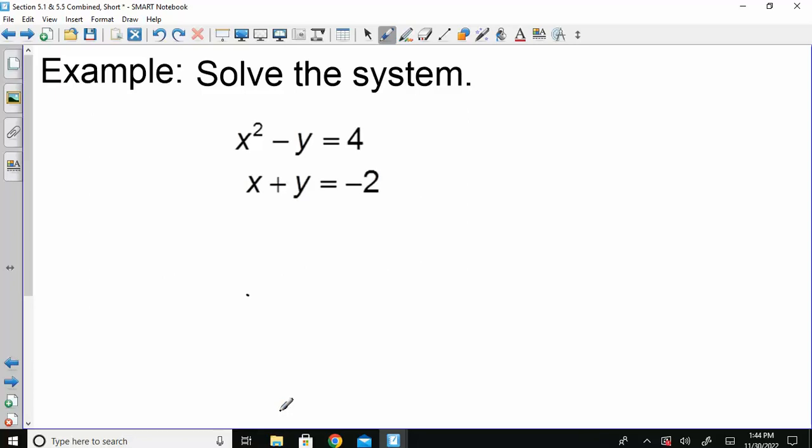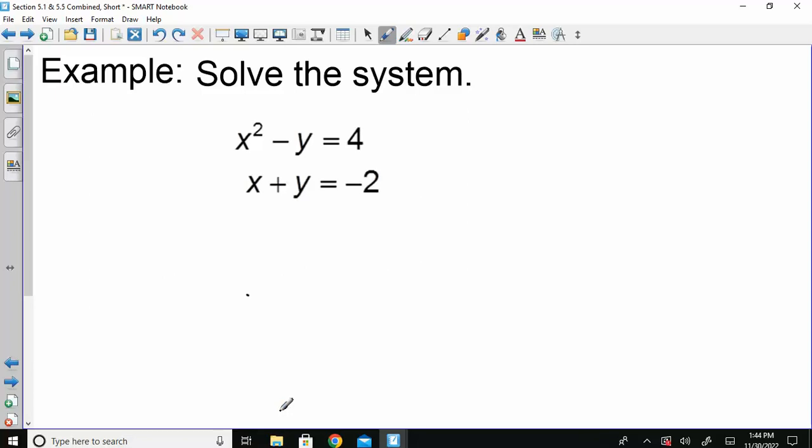Do you guys know what the first equation is? What its graph would look like? You have an x squared. Yeah, that's a quadratic. That's a parabola. And the other one is a line. If I want to solve it, we use the same strategy, substitution and elimination. Essentially here, we kind of have like three variables. I have an x, a y, and an x squared.